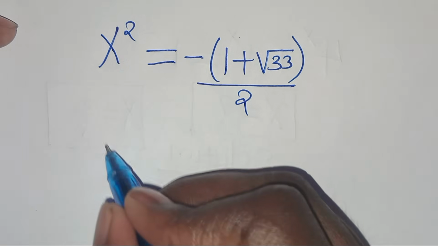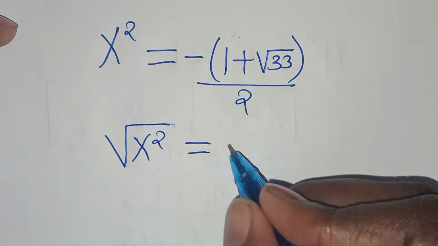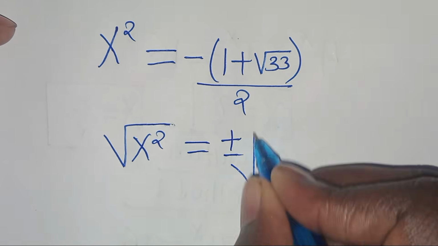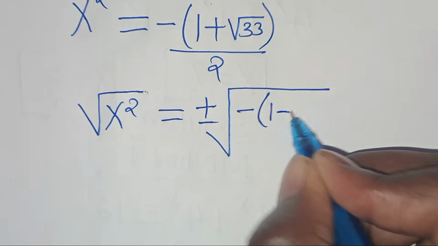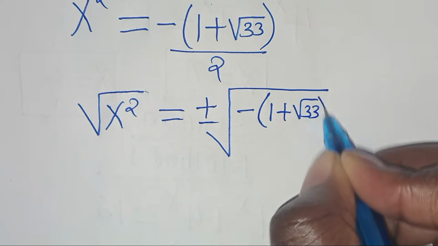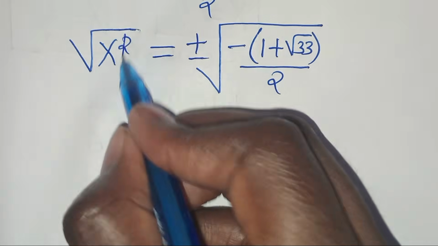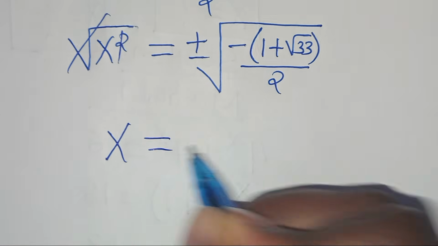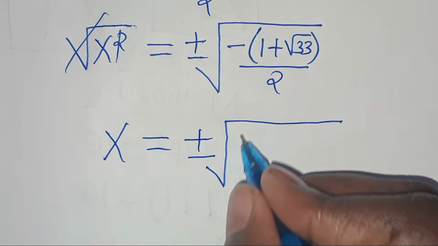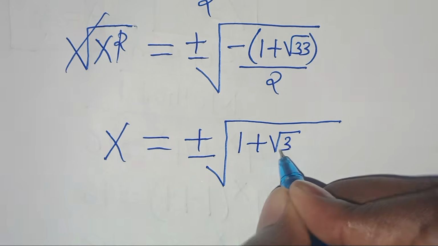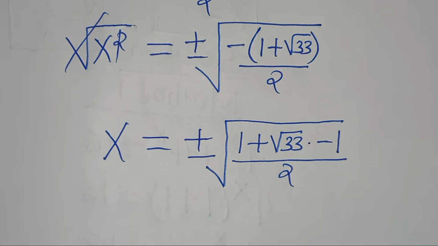Now to solve for the value of x here, let's introduce a square root on both sides. So we have the square root of x squared equal to plus or minus the square root of negative 1 plus the square root of 33 divided by 2, which we can express as x equal to plus or minus the square root of 1 plus the square root of 33 multiplied by negative 1 divided by 2.